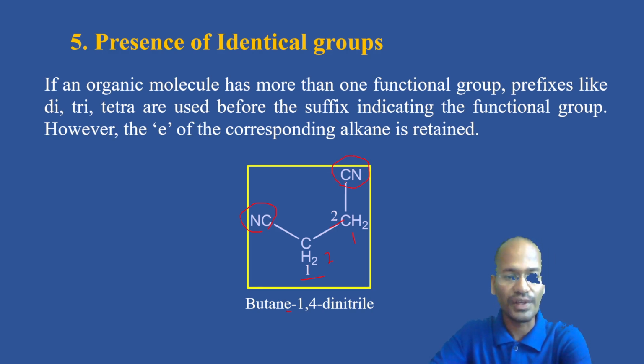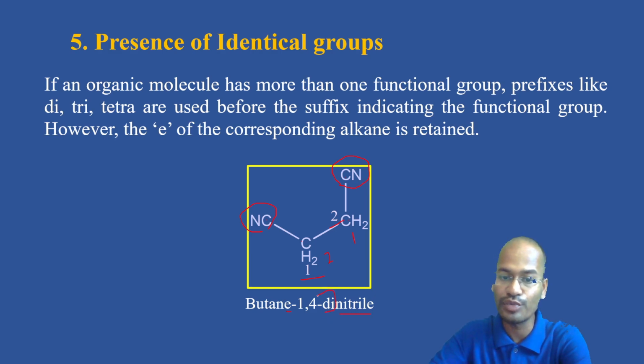In this case it is nitrile, as this is the only functional group, and obviously it will become the priority functional group. There are four carbons, 1, 2, 3, and 4. So butane-1,4-dinitrile.